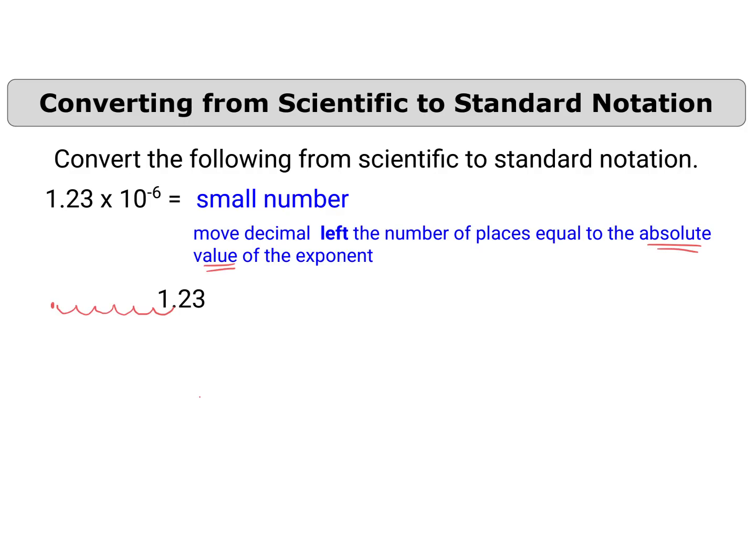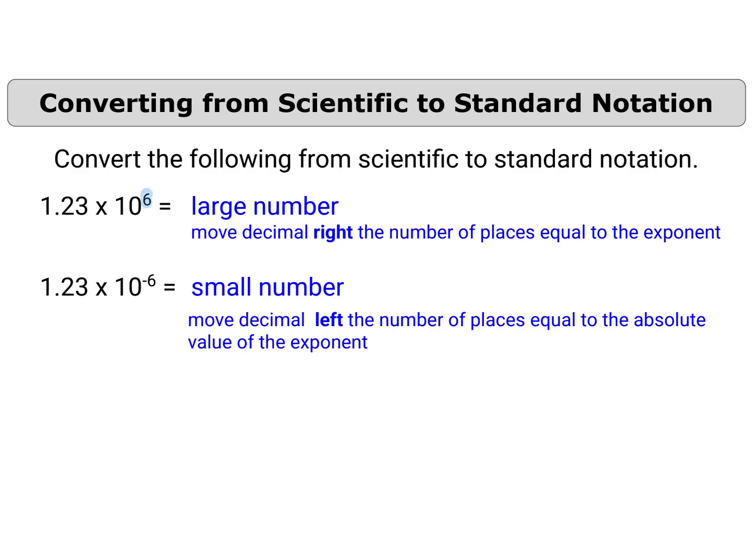So we'll move that decimal 6 places to the left, and again we'll have to put in some zeros as placeholders and a 0 out in front of our decimal as well. So 1.23 times 10 to the negative 6 would be equal to 0.00000123.